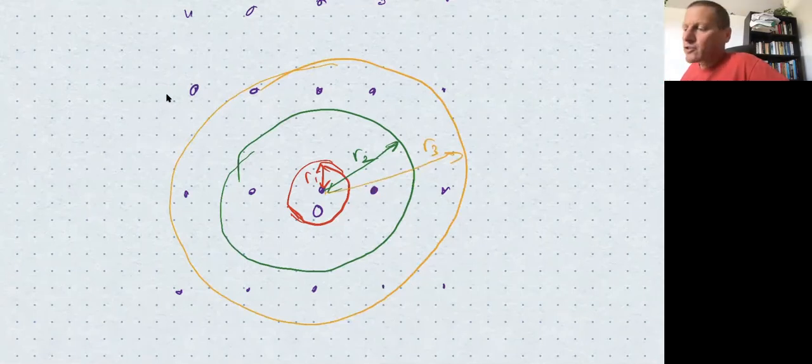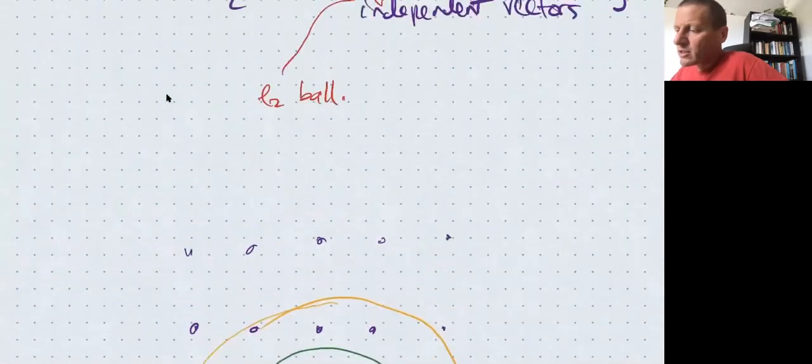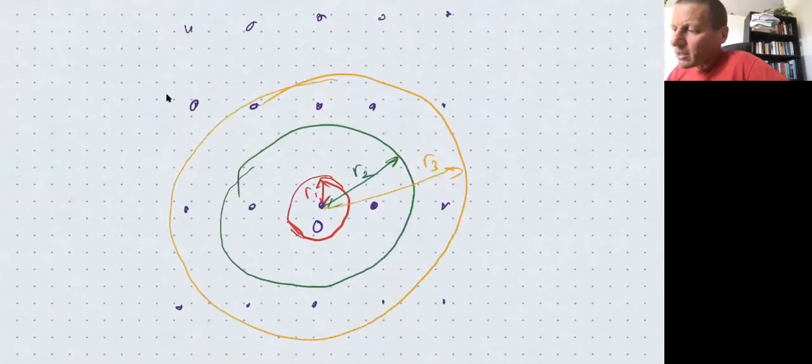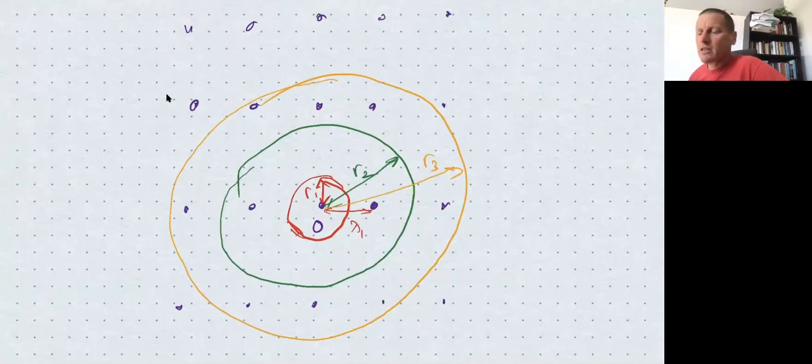And so the definition is, I'm interested in the infimum of the R's so that I get at least i linearly independent vectors. Lambda 1 here would be this distance, let me draw that in red. If I'm smaller than lambda 1, I don't have any non-zero vectors inside.